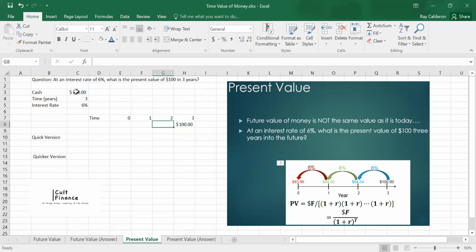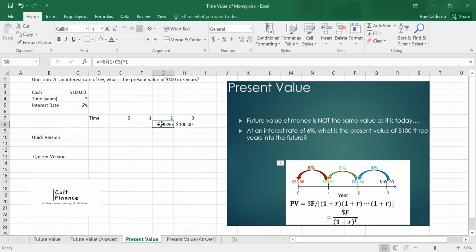Everyone with me? Okay. So now, in order to discount that back 1 year by 6% to see what that value is, we're basically going to take that $100 and divide it by 1 plus the discount rate, or the interest rate in this case, and then raise it to the power of 1, because we're actually going back 1 year.